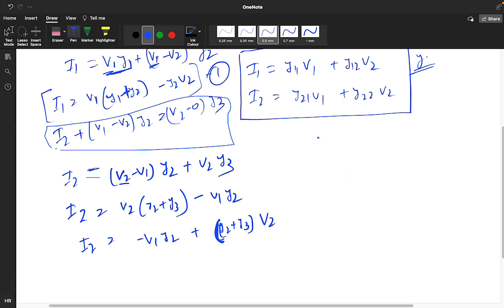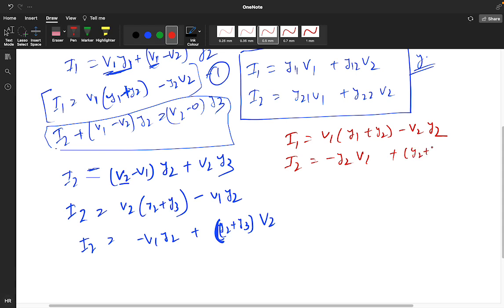What equations are we getting, just write down the general form. I1 we are getting as V1 into Y1 plus Y2 minus V2 into Y2, and I2 as minus Y2 into V1 plus Y2 plus Y3 into V2. Compare the result with Y11, Y12, Y21, Y22.